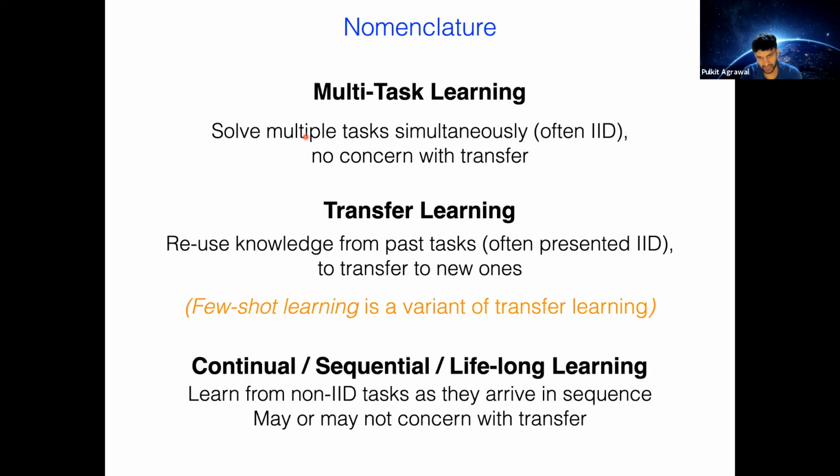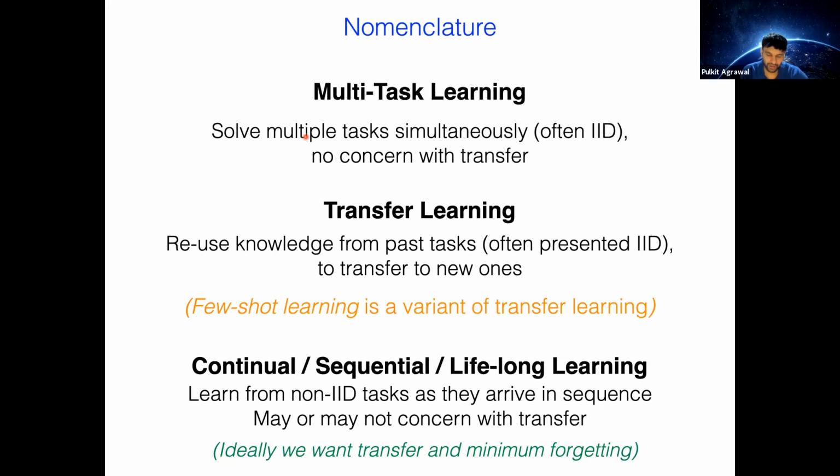Then, there's another term, which is continual, sequential, lifelong learning. All of these pretty much refer to the setup where the tasks are coming in sequence, and how can we learn these tasks. Now, continual, sequential, lifelong learning may or may not concern transfer, right? Ideally, what we would want from continual or lifelong learning is that we do not forget, but transfer.